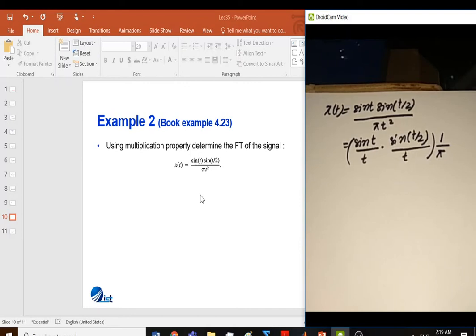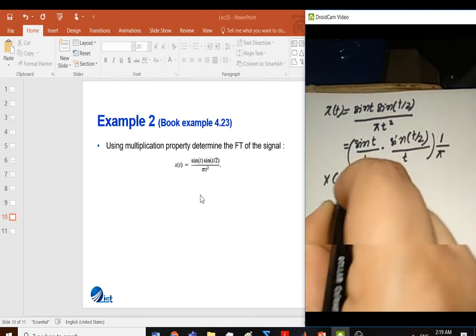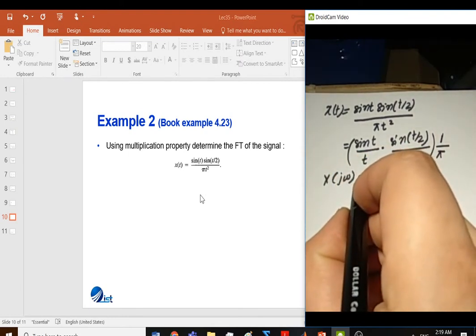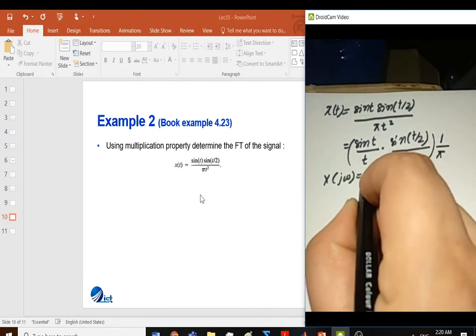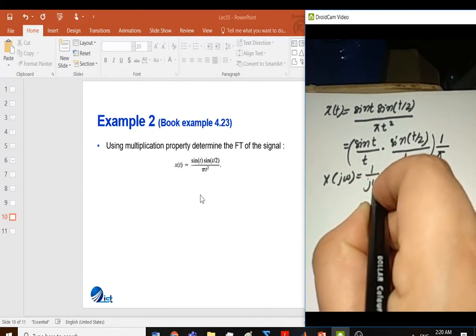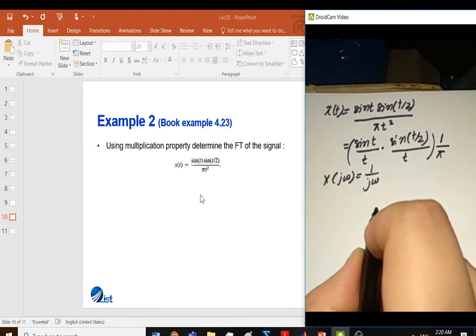Since we are asked to determine the Fourier transform of the signal, we know that whenever two functions are multiplied in the time domain, their transforms are convolved in the frequency domain.